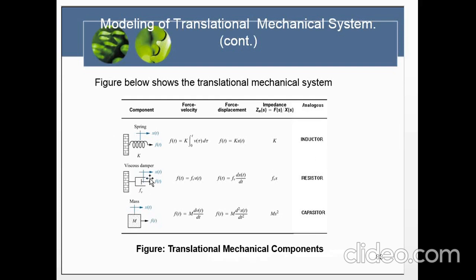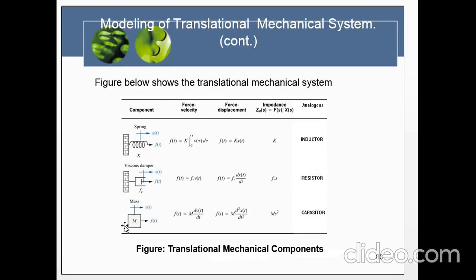Okay, next is the viscous damper, where the force is f(t) equal to f_v v(t). f_v is the damping coefficient, and force-displacement is f(t) equal to f_v dx(t)/dt. f_v s is the impedance, and the electrical analog is the resistor.